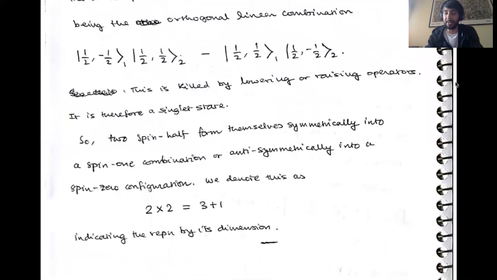We also denote this as 2 cross 2 going to 3 plus 1, indicating the dimensionality of the representations. So these were two states each. This has 3 states and this has 1. Okay, so that was one thing.